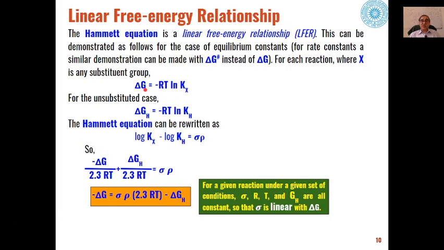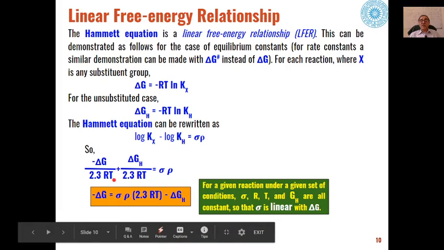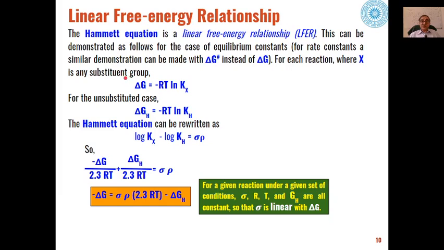So by substituting these values, we can have this equation: delta G upon 2.3 RT plus this divided by RT is equal to rho sigma. And from here we can calculate the value for delta G in case of a reaction where we are having X substituent.